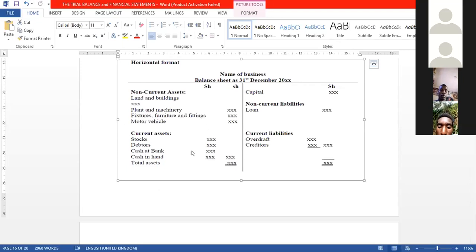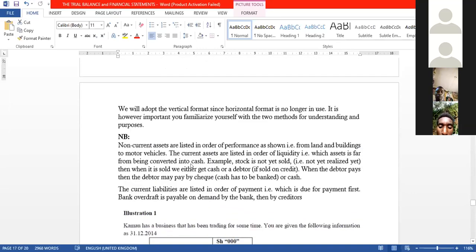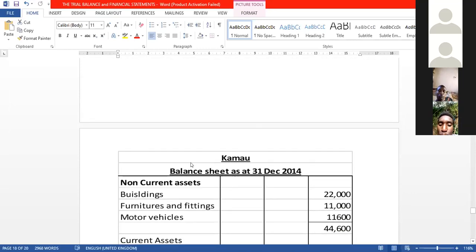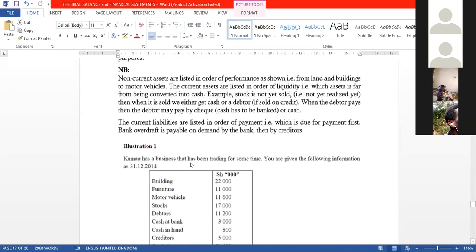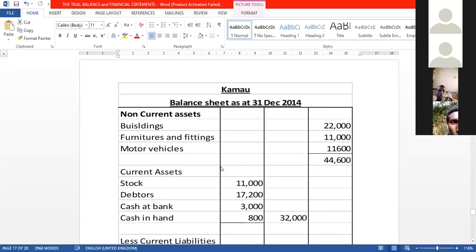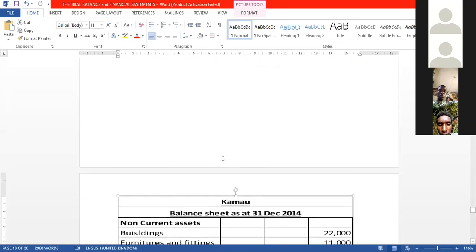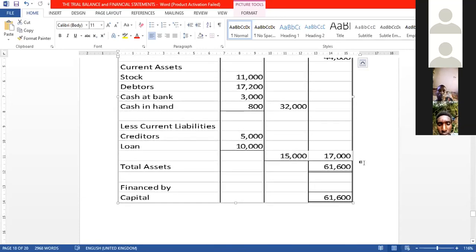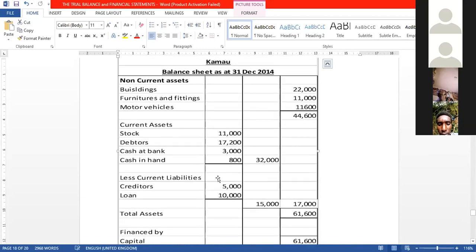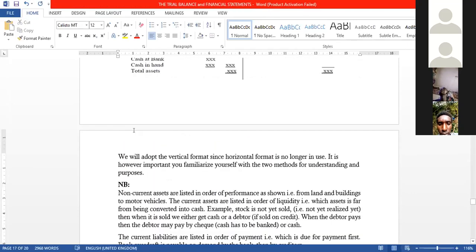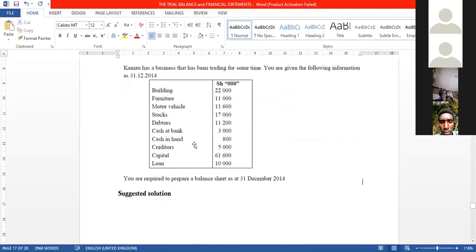Remember the one that was asking us to prepare, or we should first prepare the one that is here before we go to the other one, right? Let us first prepare the one that is here, kindly. So in this case, we can copy this question so that we separate this into different items.